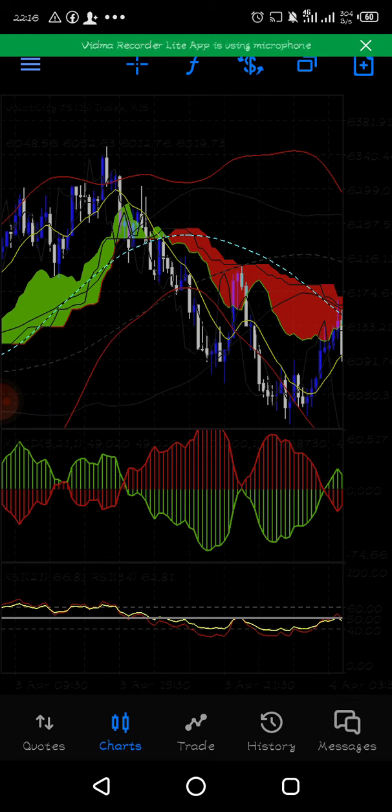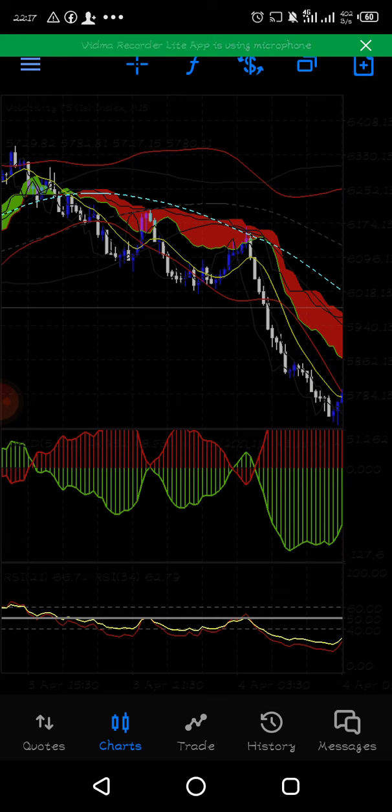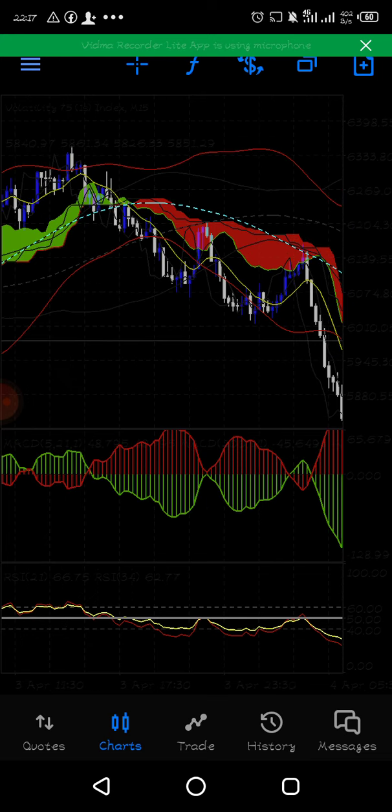Now, what are the signs that we see? We saw that the Bollinger Band was broken to the below, and there is also a yellow line that crosses the Bollinger Band. That's the middle band. And afterward, we started seeing the Ichimoku turning red, which is also showing us that the market is becoming bearish.